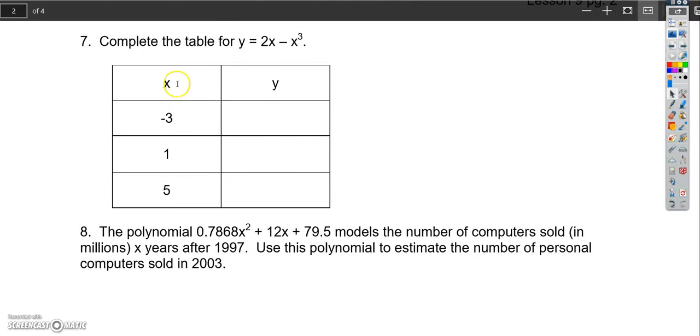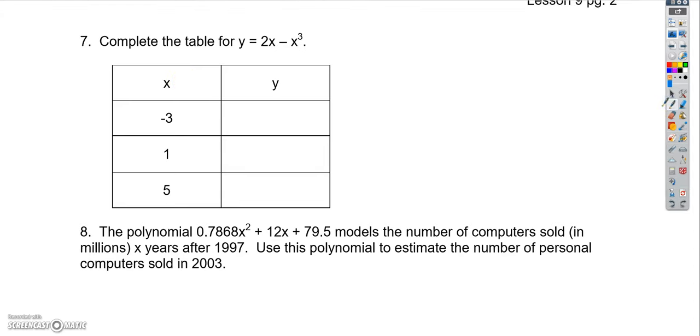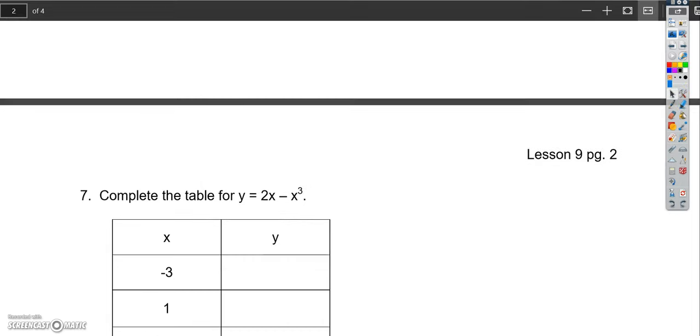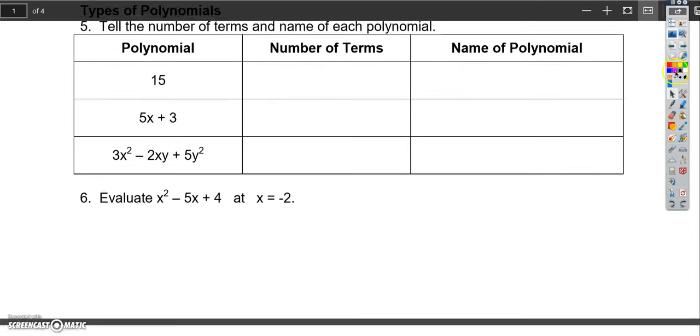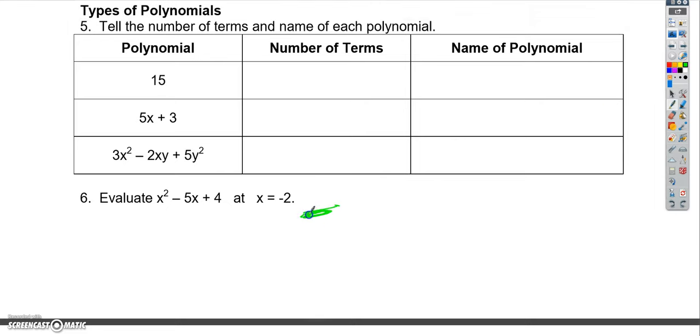Okay, this is just like the problem that we just did right here.